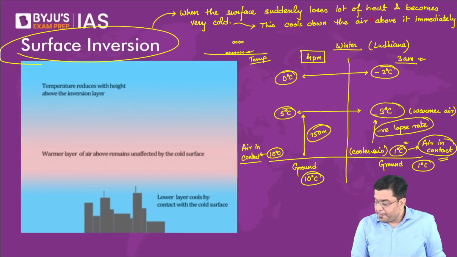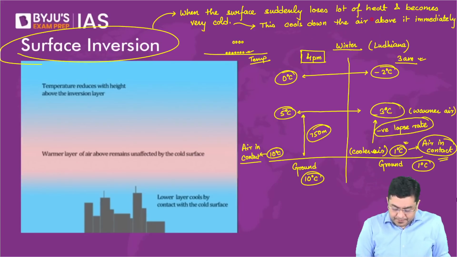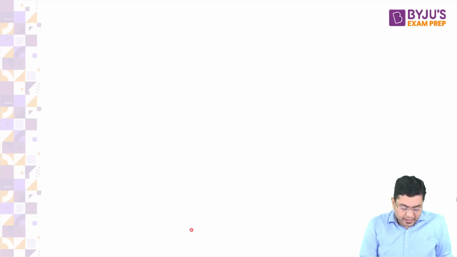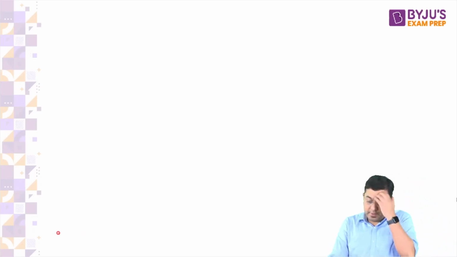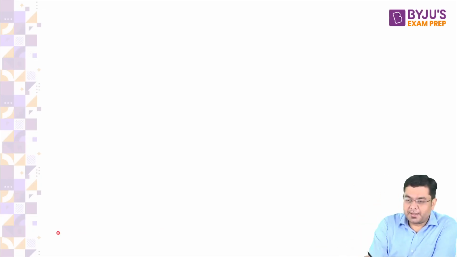Okay, so here when we talk about another aspect, I'll give you another example. So let us understand with the help of another example. That is why we considered Ludhiana. Otherwise I would have considered Chennai as well, Trivandrum as well, Goa as well, coastal areas. I considered Ludhiana.